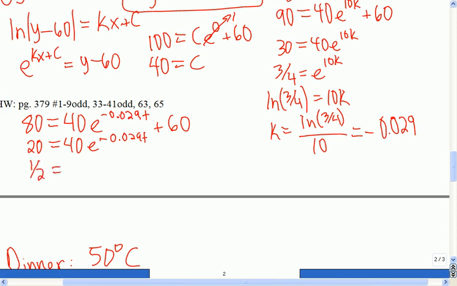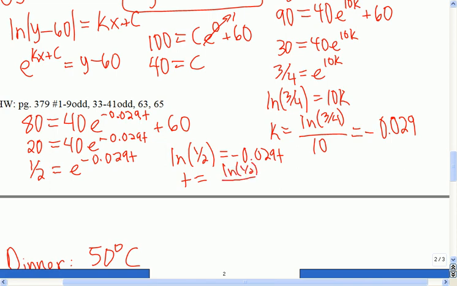And now I can start to use logs to figure out what that answer would be. So natural log of 1/2 equals negative 0.029 t. So t will be natural log of 1/2 over negative 0.029. So we would expect it's going to take about 24 minutes in order for it to hit the 80 degree mark.